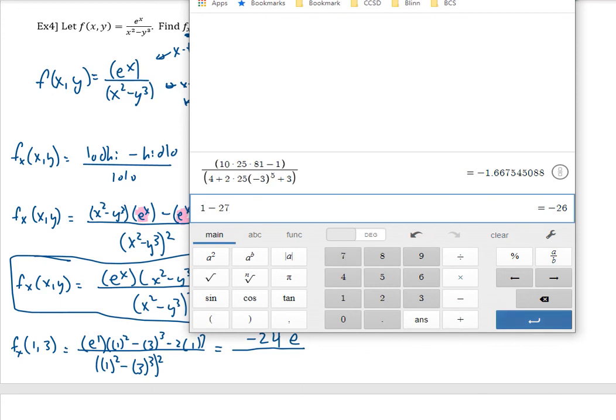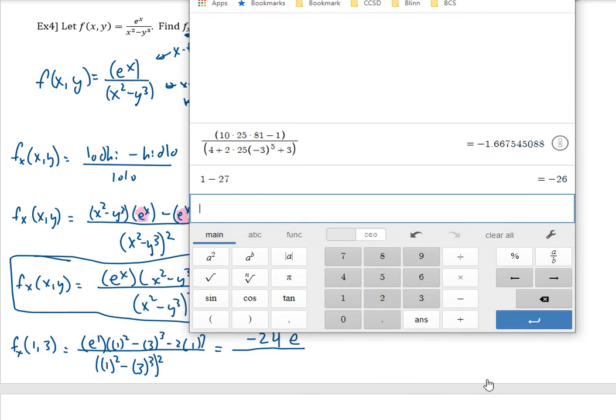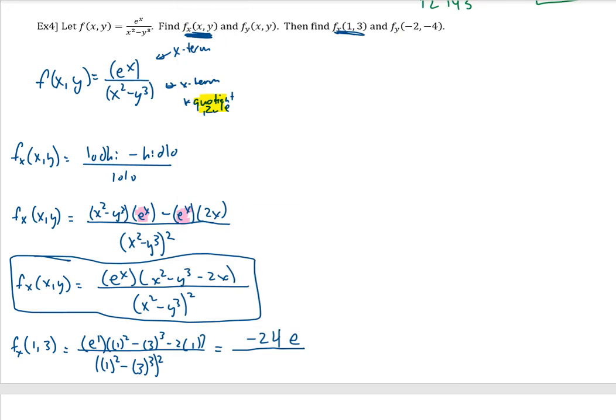Okay, so it's negative 26, but I need to square that. Okay, so negative 26 squared is 676. Okay, so we have 676 down below.